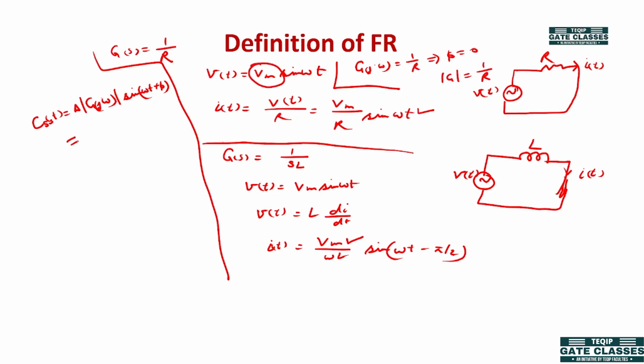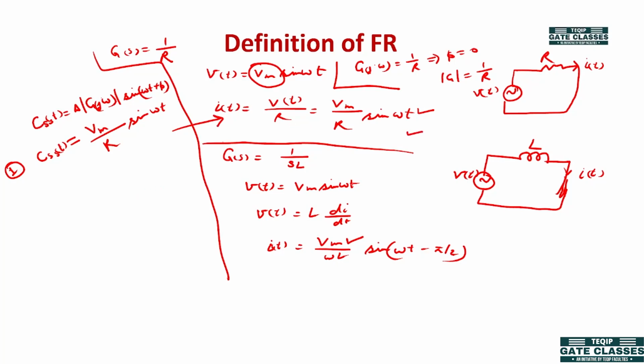So our steady state response for the first case would be Vm times 1 by R into sine(omega t plus 0). We are getting the same response which we got here.